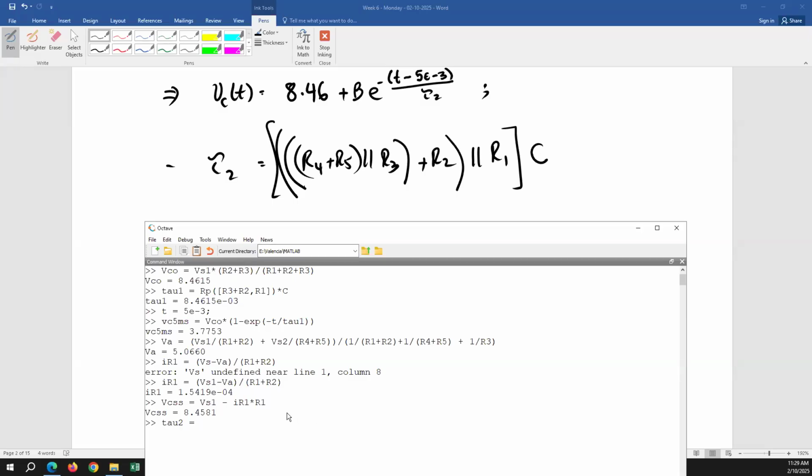Tau 2 is the parallel combination of R4 plus R5 and R3, and we're adding R2 in there, plus R2, and this is again in parallel with R1.